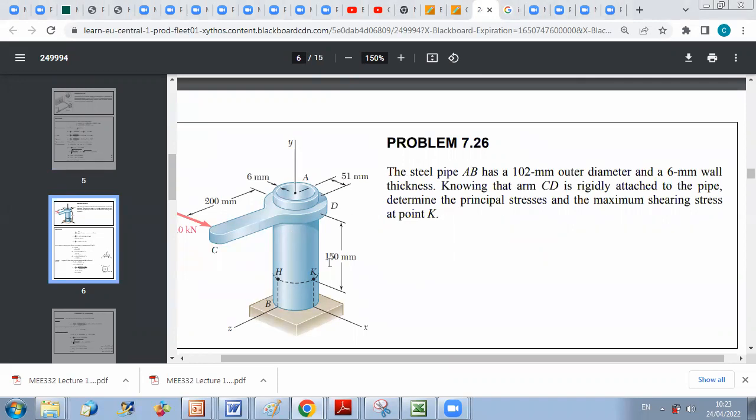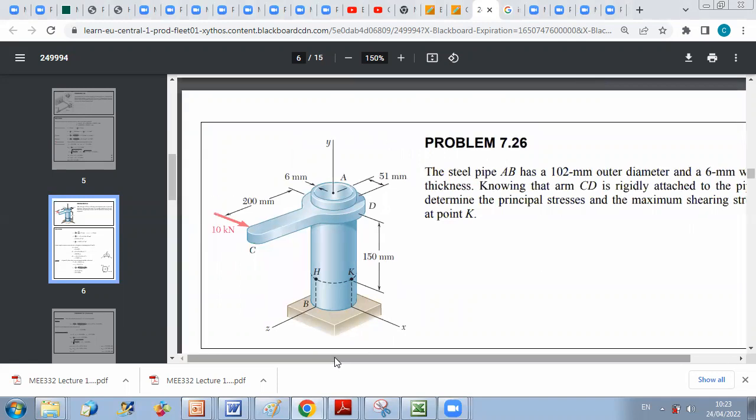So here it's a similar procedure. The first step is always to determine the effect of the external force on the section of interest. The section of interest is this one. We have a circular section here. And in this circular section, we are interested in particular in what is happening in the element containing point K. So first, let us see what is the effect of this force on this section.